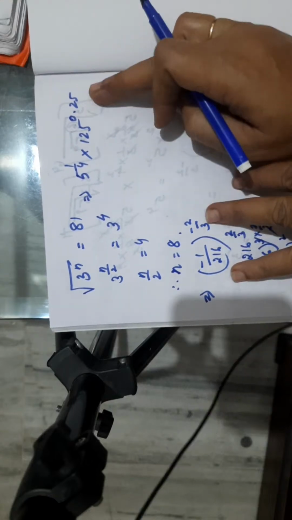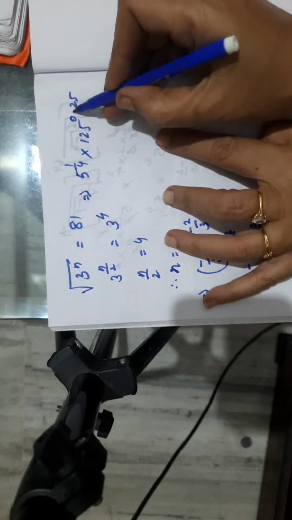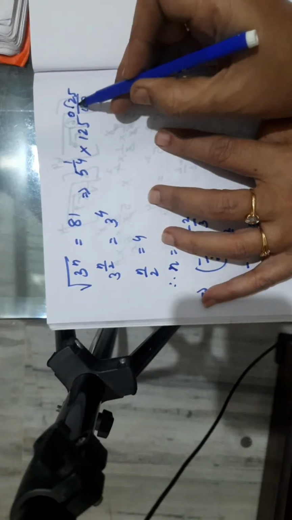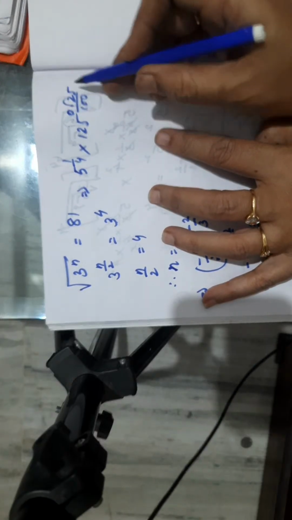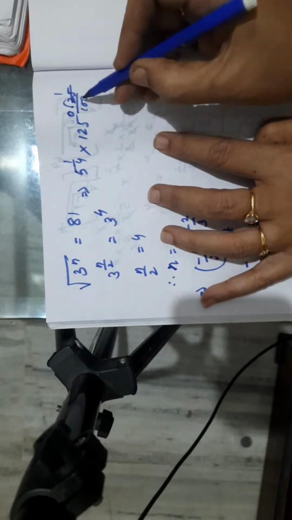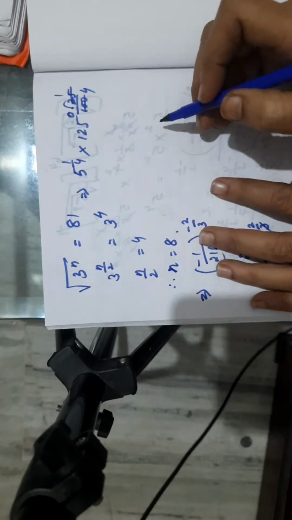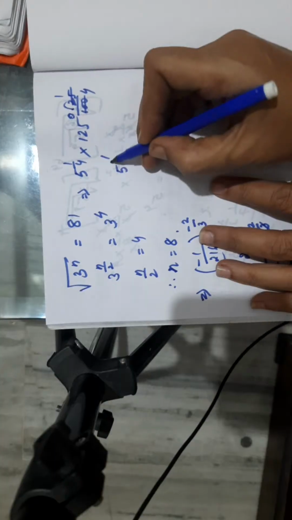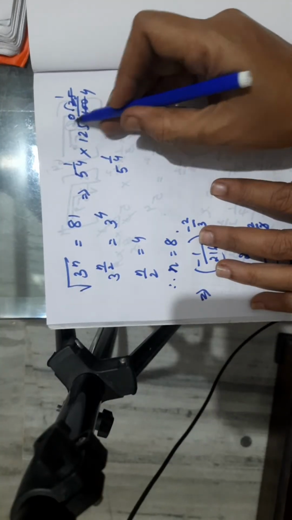Whenever there will be power in decimal, first you make it in fraction. So as after decimal 2 digits are there, we'll make it 25 upon 100. 25 ones are 25, fours are 100. So here it is 5 raised to 1 by 4. 125 is 5 cube.